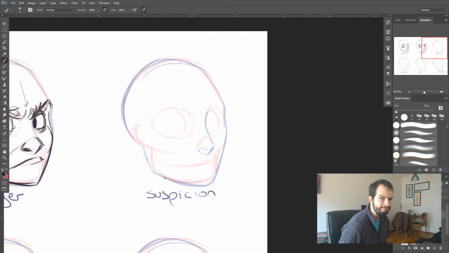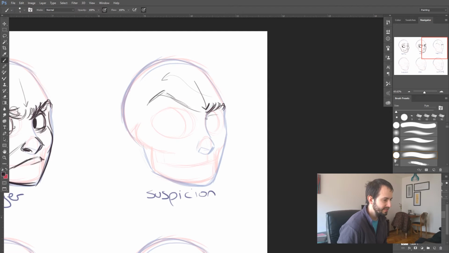Suspicion. Kind of like the rock face. Suspicion. So this is going to be more like this wave goes like here, but actually is focusing here. Suspicion.